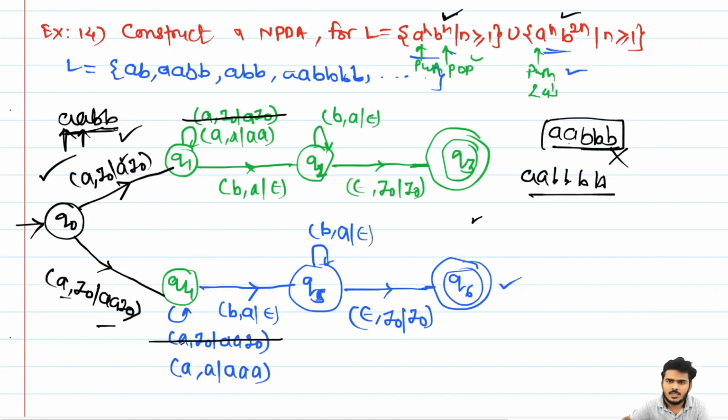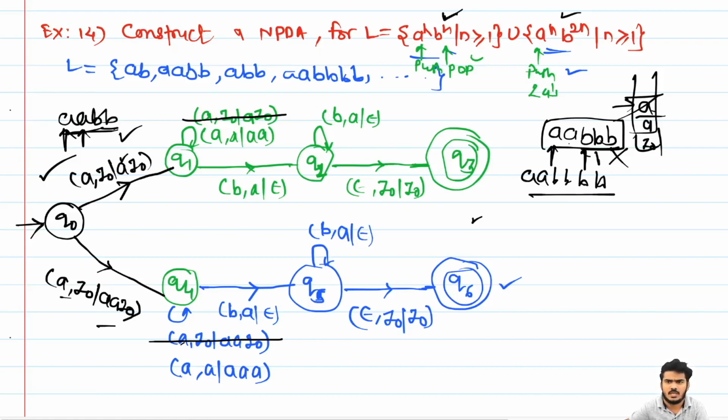Okay, so A is the input. Suppose I follow this path, so I will insert a single A into the stack. So I directly insert a single A, and this is Z naught. Okay, a single A into the stack, and again for the next A I have to insert. And now the top of the stack is this, and the input is B. So on B I have to pop 1A.